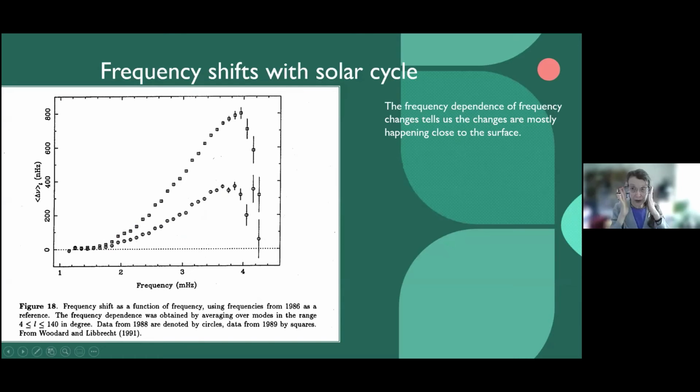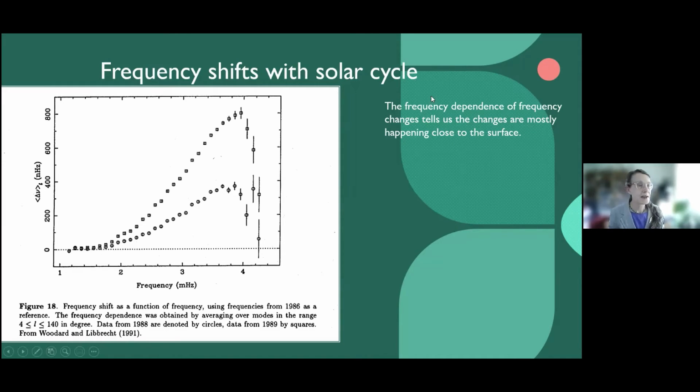Now, moving on from the BiSON data to look at modes that are measured with imaging instruments like GONG and MDI and HMI. And actually this plot here is a very old one, which predates all of those. This is from the Big Bear observations in the 1980s.